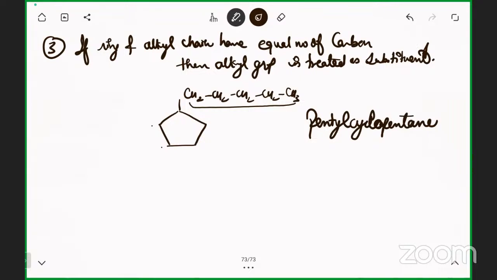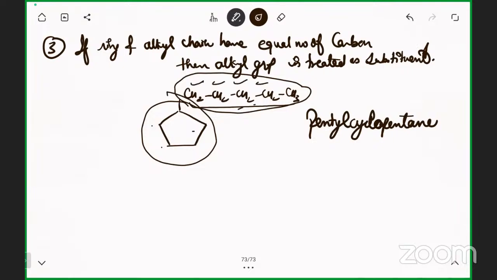Okay, I told you that if this side chain is an alkyl group and this is the cyclic part, and they have an equal number of carbons, see, 1, 2, 3, 4, 5 carbons are present in the chain, and 1, 2, 3, 4, 5 carbons present in the ring, then this chain portion will become the substituent.